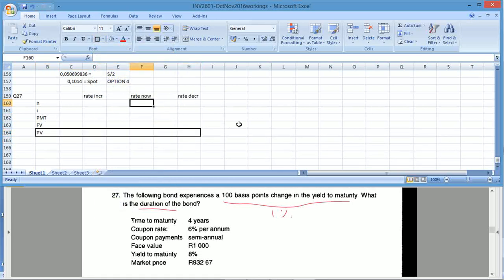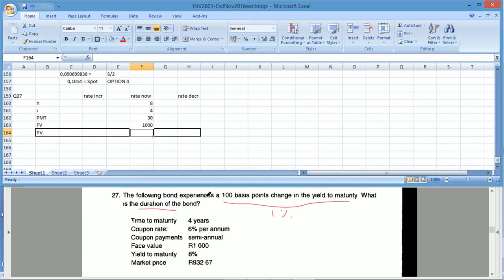Time to maturity is 4 years. This is semi-annual though, so 4 times 2, which is 8. Current yield is 8%, so divide by 2 is 4. Then we've got the payment, which is the coupon: 1,000 times 6%, divided by 2, which is 30, and the future value is 1,000.